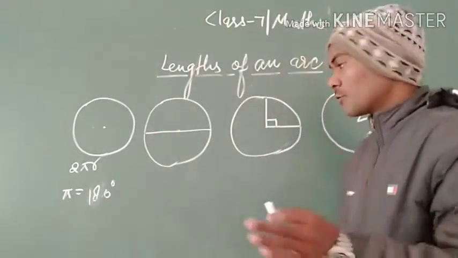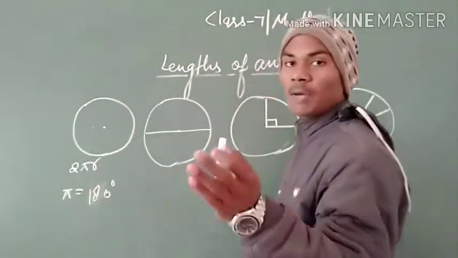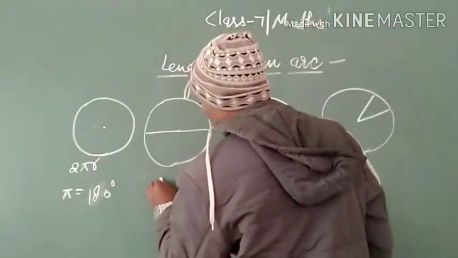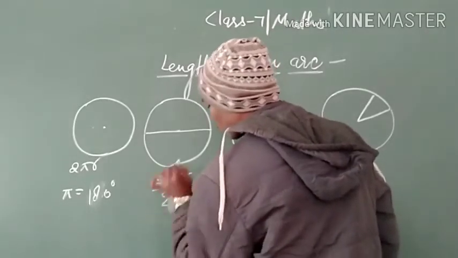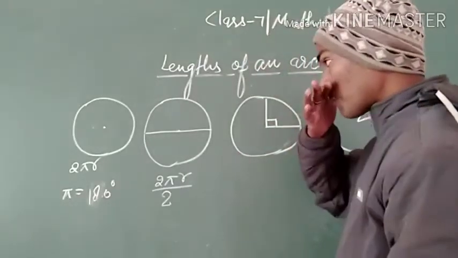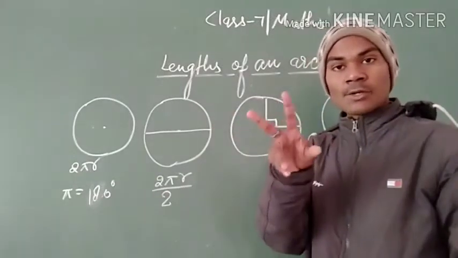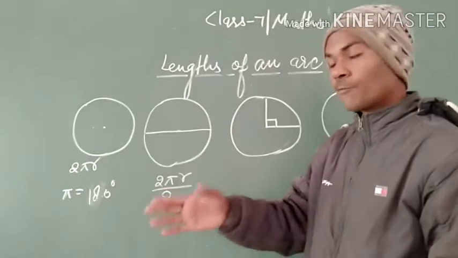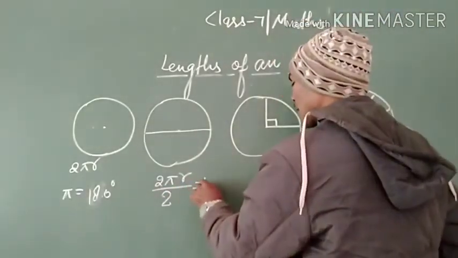Therefore, the length of each part will be half of the circumference of the complete circle. So here we get 2 pi r upon 2, because in the first condition we are finding the complete circumference, but here the circle has been divided into two parts. Therefore the circumference of each part will be 2 pi r upon 2, that is pi r.